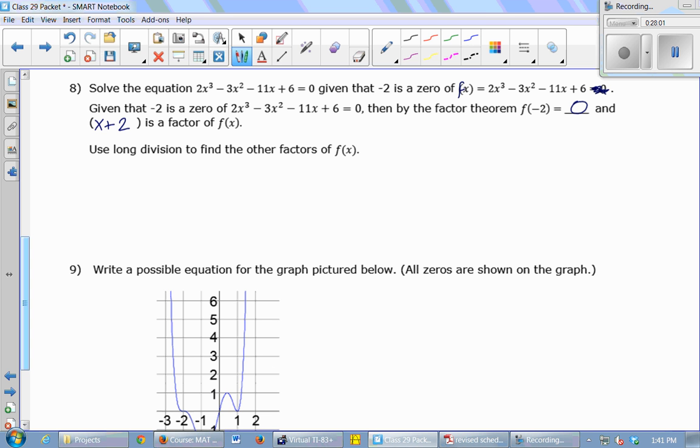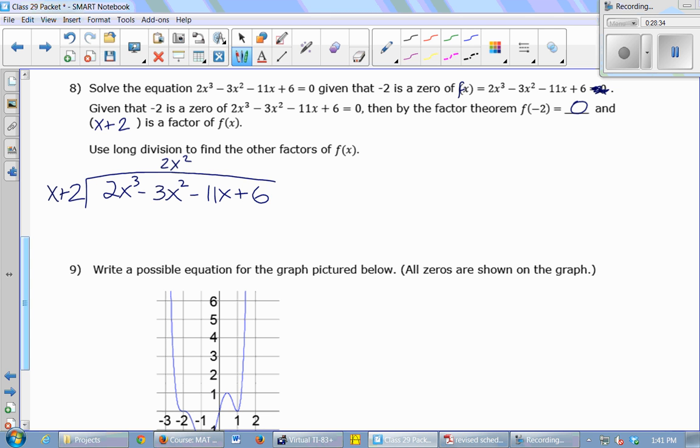Use long division to find the other factors of f of x. Right, so I know I was given a 0, which means I know a factor, 2 for 1. To find another factor, I use long division. I'm going to do 2x cubed minus 3x squared minus 11x plus 6, divided by x plus 2. Do out the division. What do you multiply x by to make a 2x cubed? 2x squared. So I put that over the x squared term in the dividend.